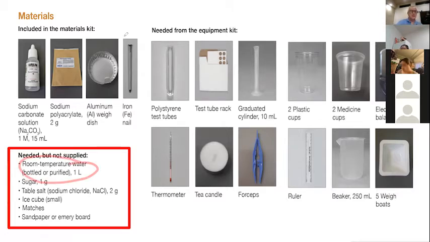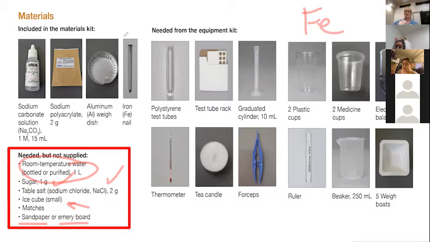You need 1 gram of sugar, and you need 2 grams of simple table salt. You need an ice cube. Ooh, I gotta go get an ice cube. Some matches or a lighter or something, and then some sandpaper or something, we're just gonna rub up a nail. That's going to be our source of iron in one of the reactions.